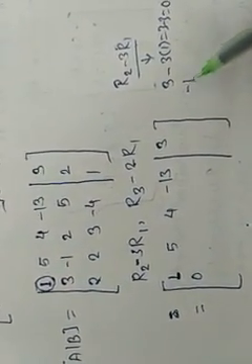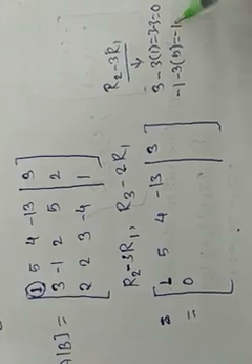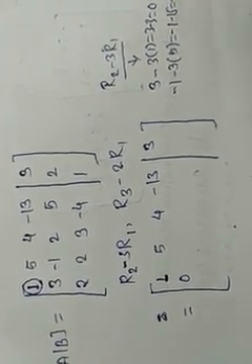Next, minus 1 minus 3 times 5, which gives minus 1 minus 15 equal to minus 16.